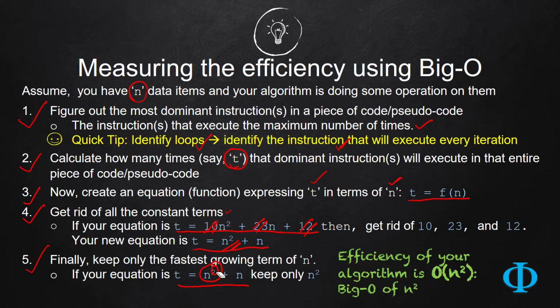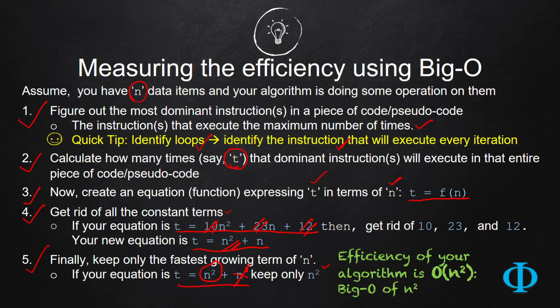So you have to keep only n square, because the other term is n raised to the power 1, and you can get rid of this term also and just keep n square.